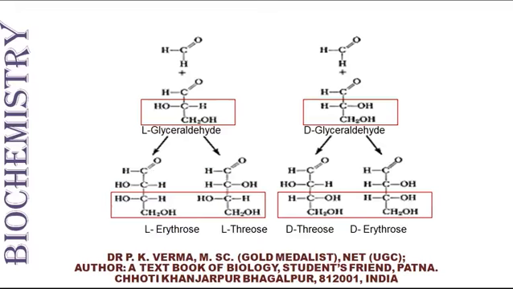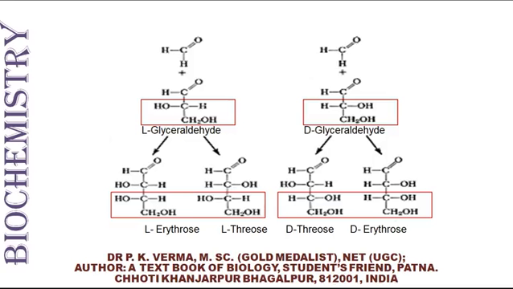Here you can see that on the left side levorotatory glyceraldehyde is present and on the right side the dextrorotatory glyceraldehyde is present. So from L-glyceraldehyde, 2 members of L-tetroses and from D-glyceraldehyde, 2 members of D-tetroses have been formed.